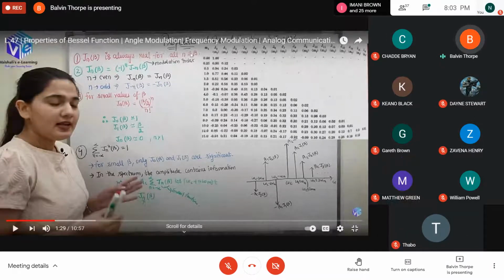So what happens is that when no modulation takes place in a frequency modulated wave, the resultant FM wave is just going to be the carrier, because there's no signal that is actually changing the frequency of the carrier.